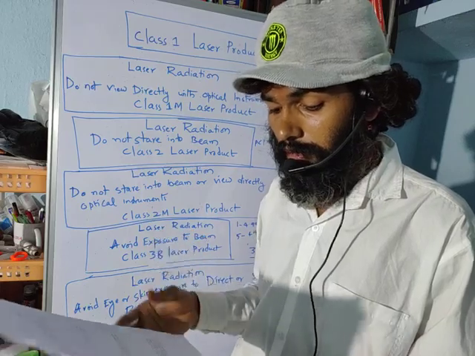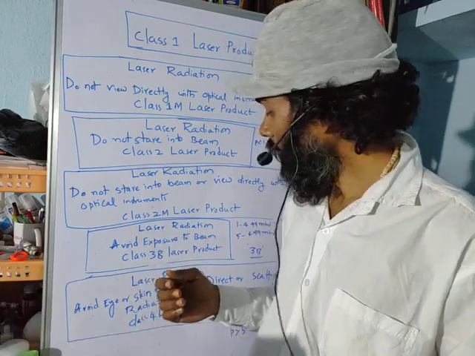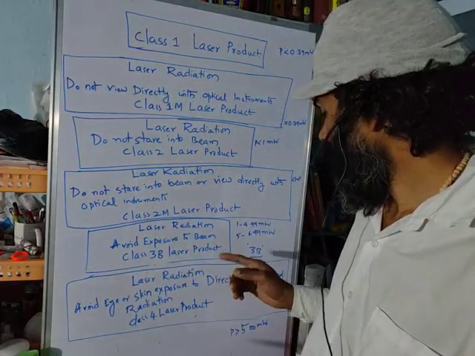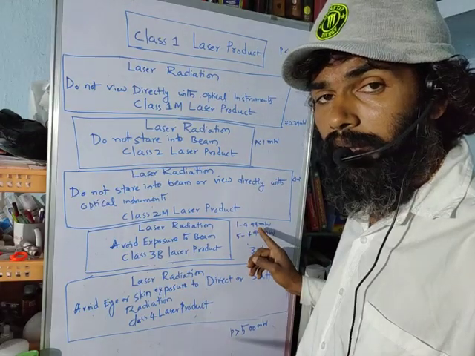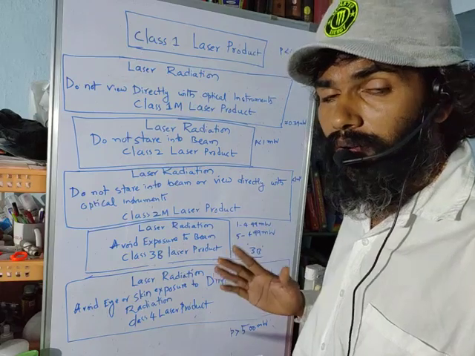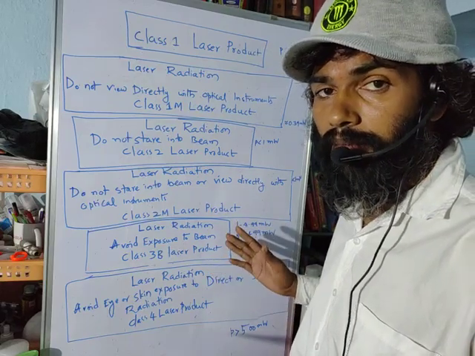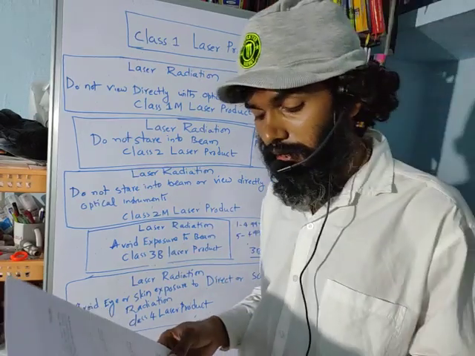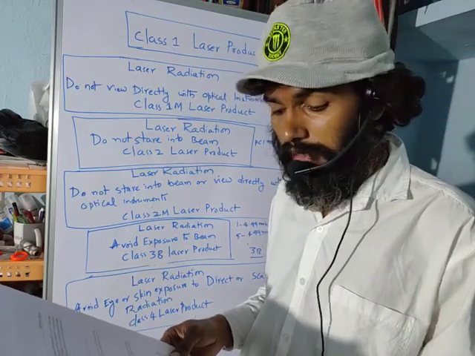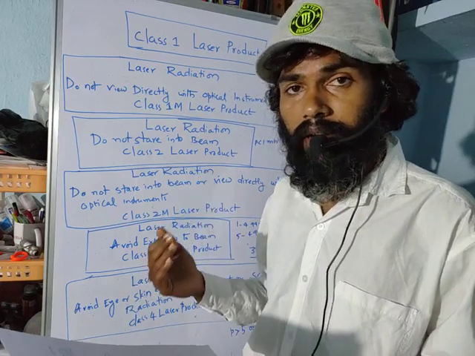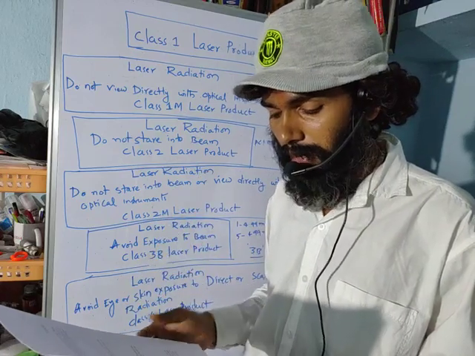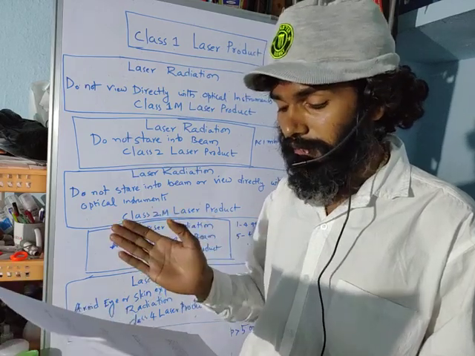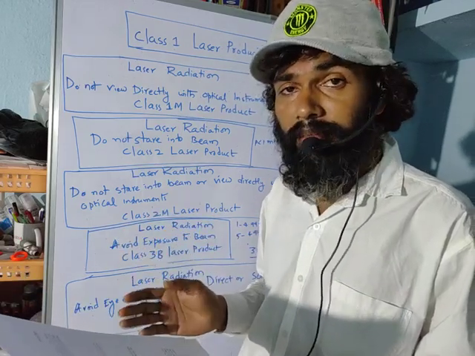The no ocular hazard distance, of course, I did not say that these will have power from 5 to 499 milliwatts. Output power of the laser beam will be between 5 milliwatts and 499 milliwatts. And the no ocular hazard distance of a 499 milliwatt beam with 0.5 milliradian divergence is 320 meters.